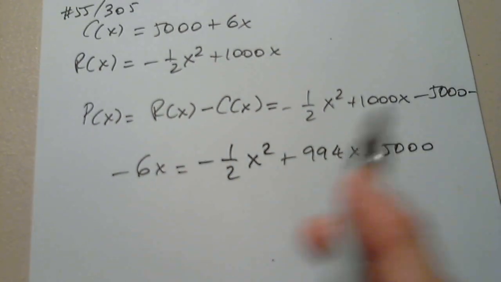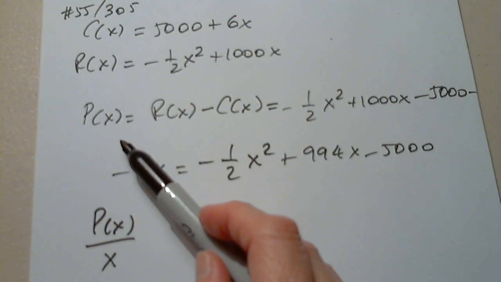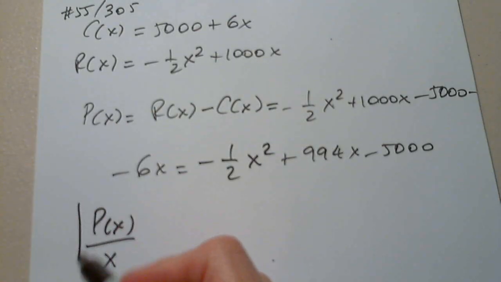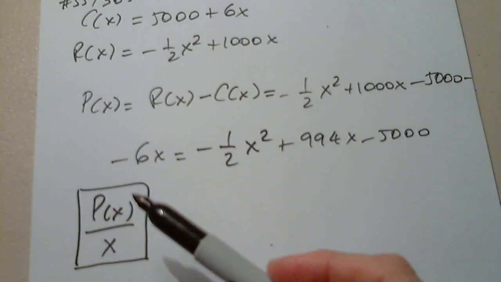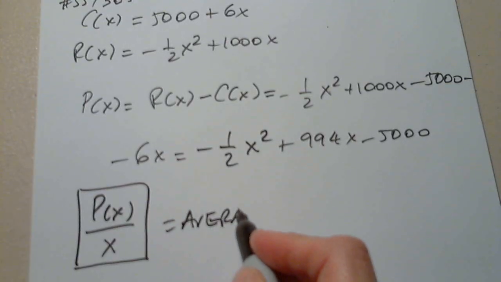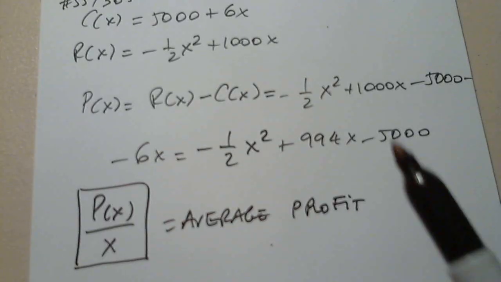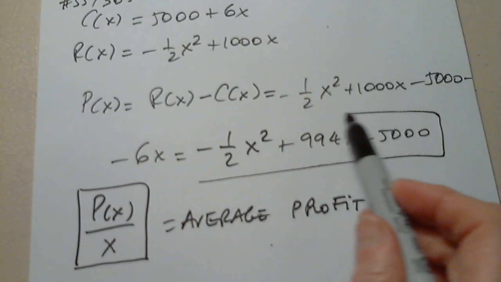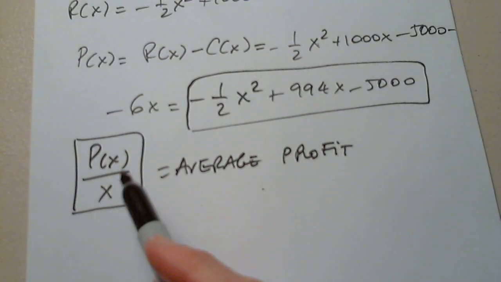Now they want us to determine the average profit function, not the average rate of change, not the average value of the function. No, they want us to find a new function, which is the average profit, which is this function divided by the number of units produced.